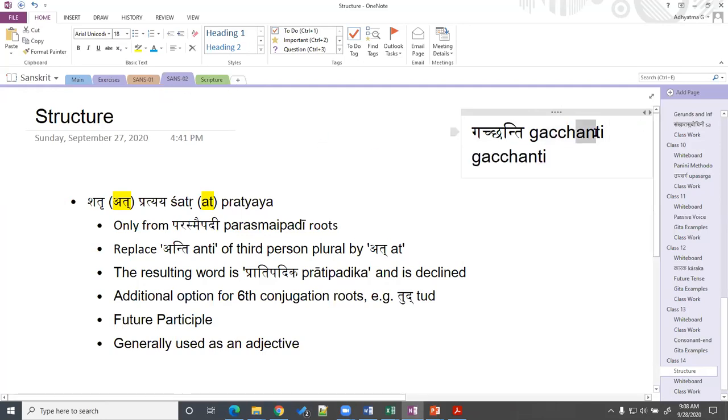So this anti, you will make it at. Gachat. So gachat becomes the participle. That's how. So it's very simple to make this participle form. Third person plural, instead of anti, you will replace it by at.